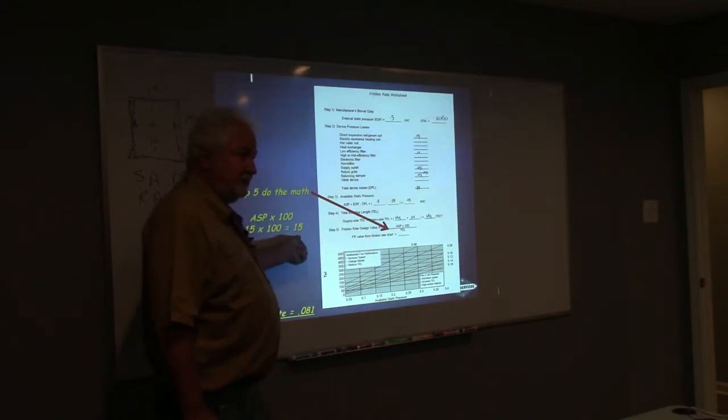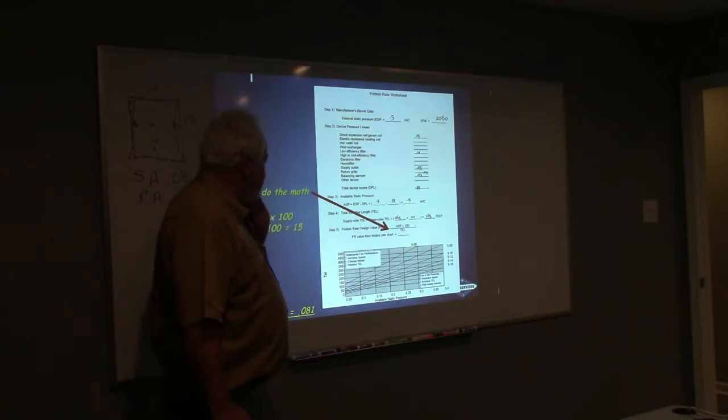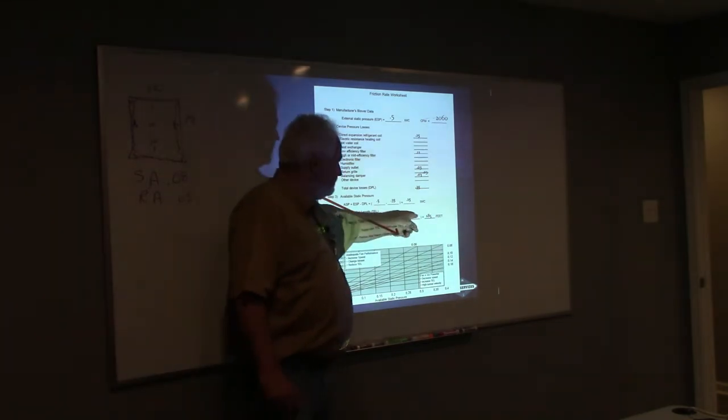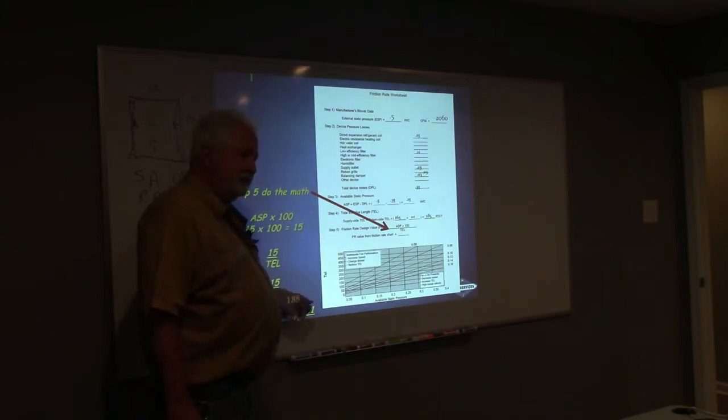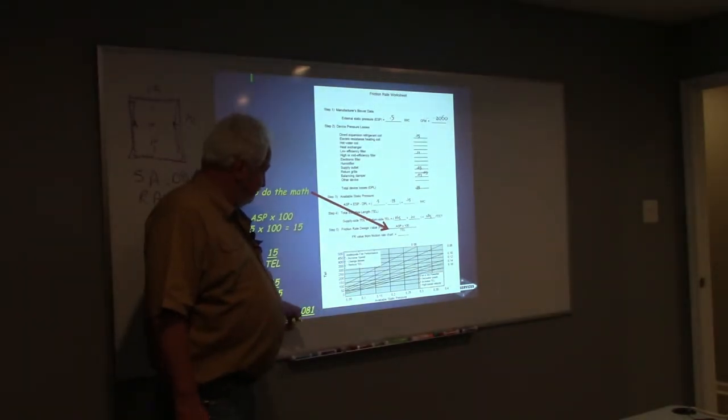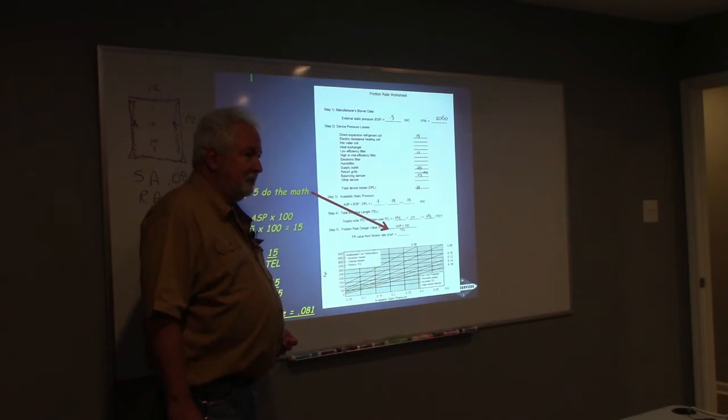Yes? All right, so that's 15. 15 divided by my total effective length, which we said was what? 185. 15 divided by 185 is 0.08. So what is my supply friction rate going to be? 0.08. Is everybody following what we did there?